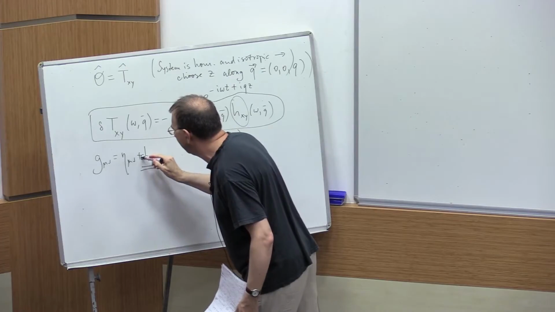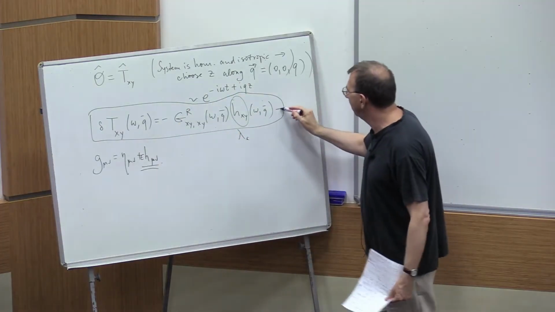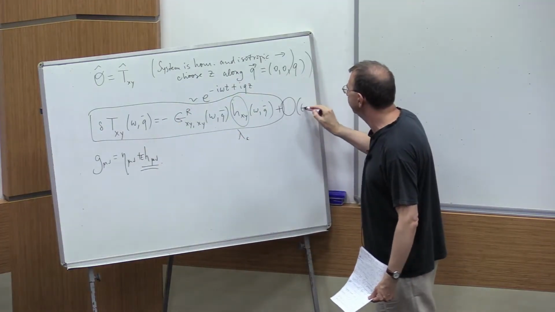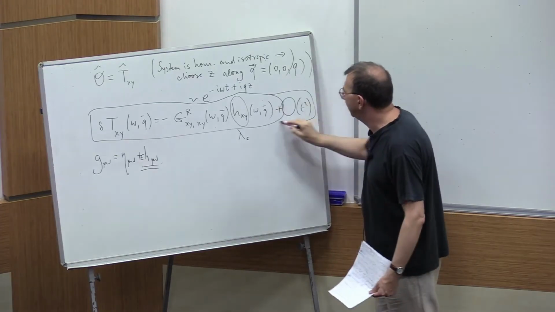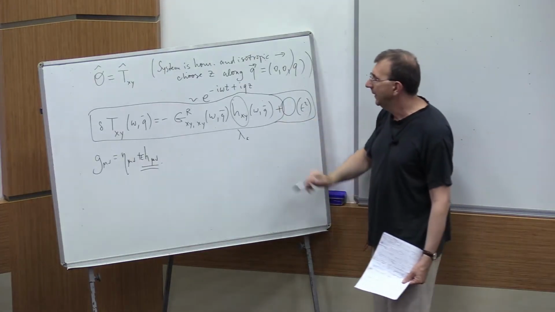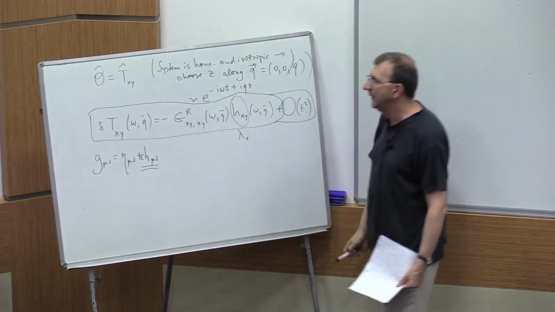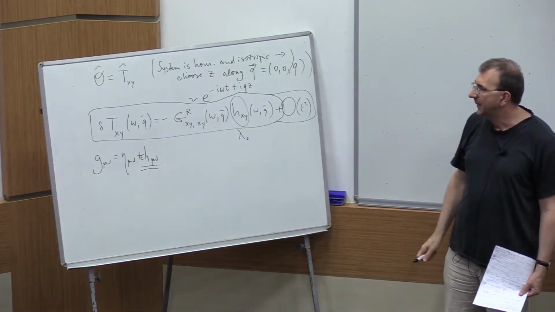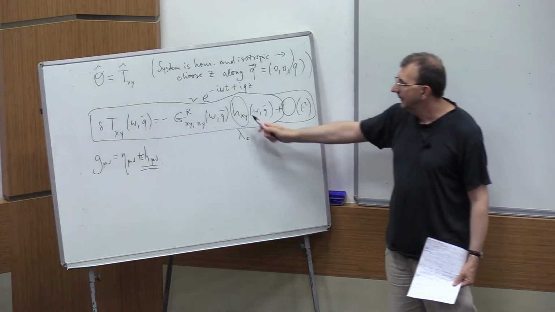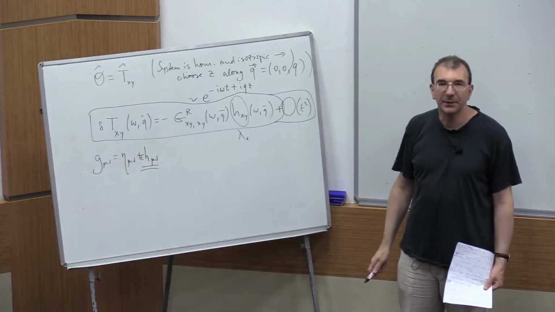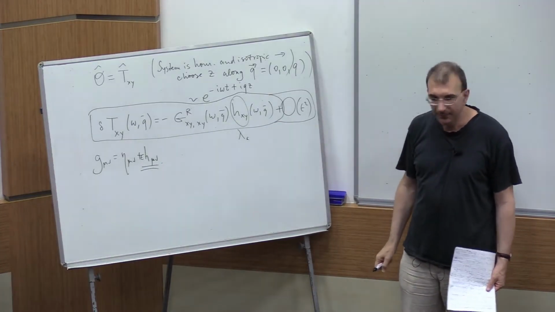So you can put epsilon if you want, right? So this is to linear order in epsilon. Of course, there are corrections to this, but to linear order in epsilon, we have this relationship between the change in the expectation value of T mu nu and the external amplitude of the gravitational wave.